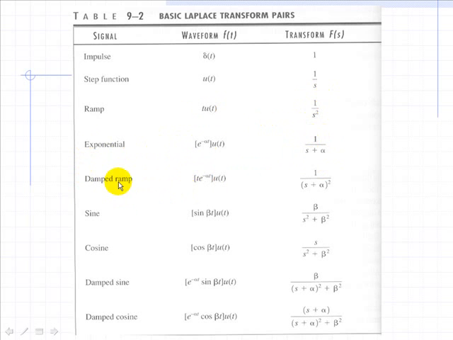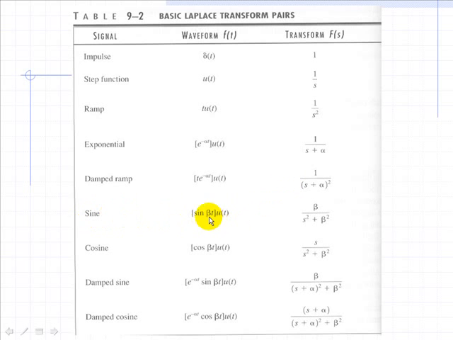For a damped ramp, t times u of t is just 1 over s squared, but since we're multiplying by an exponential, we replace s with s plus alpha, squared. That's using the translation property.